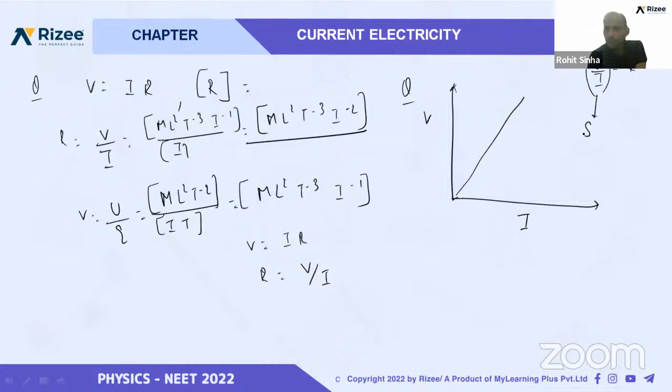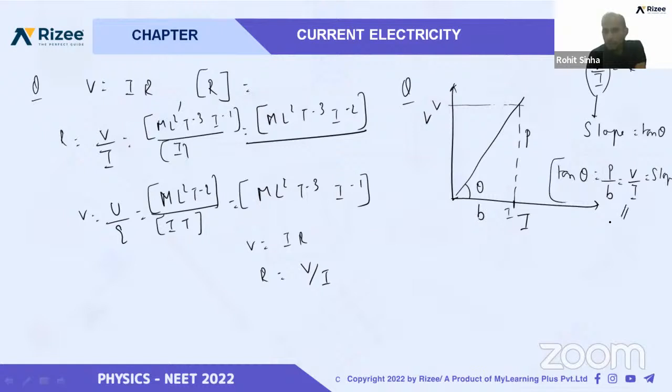It represents the slope, that means tan theta. Taking this as perpendicular and this as base with angle theta, tan theta is equal to perpendicular by base. The perpendicular will be some voltage and the base will be some current, so V by I is the slope, and it is equal to R.